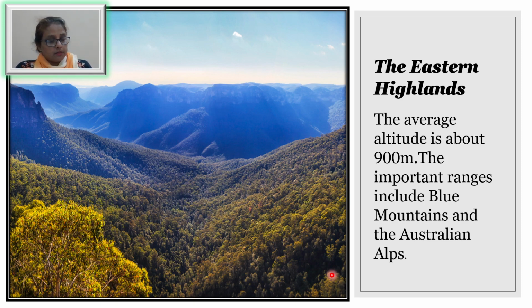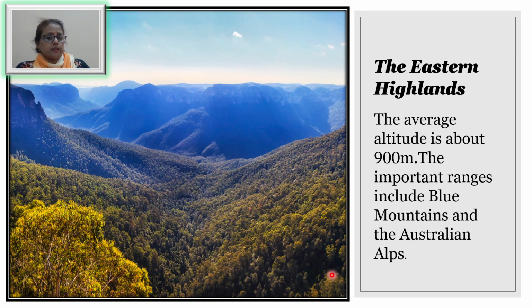Now, the Blue Mountains is a rugged region found west of Sydney in the state of New South Wales. It has several steep cliffs, waterfalls, and eucalyptus forests.